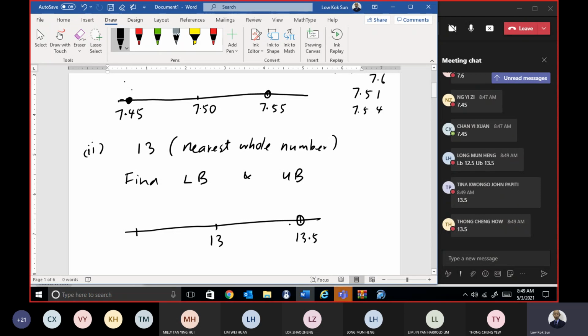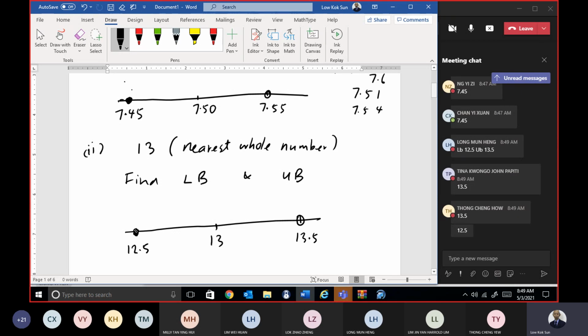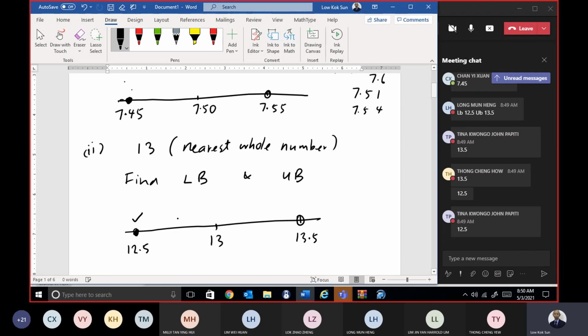But this one, what is this point? 12.5. This is just to recap. This one is included, this point is not included. So it is the upper bound and this is the lower bound.